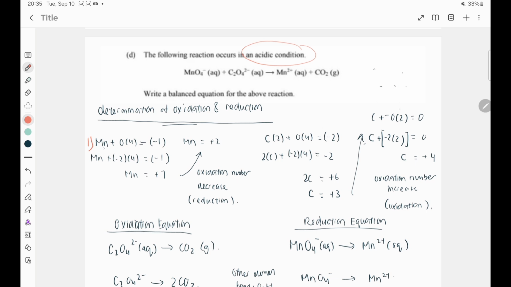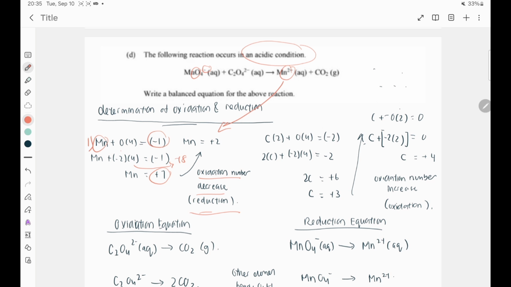Mn we make as unknown, plus 4 oxygen, and it will equal the charge of -1. Oxygen is -2, times 4, you get -8. Moving it across becomes positive 8, so you have +7. The oxidation number on the other side will be +2. So the oxidation number decreases, so it is a reduction.